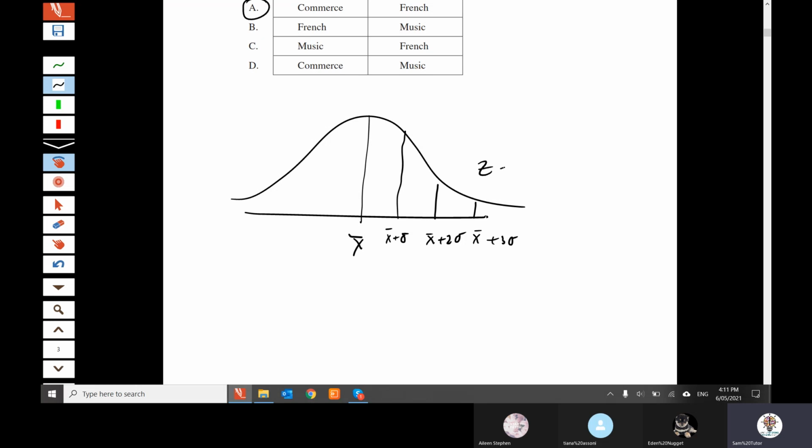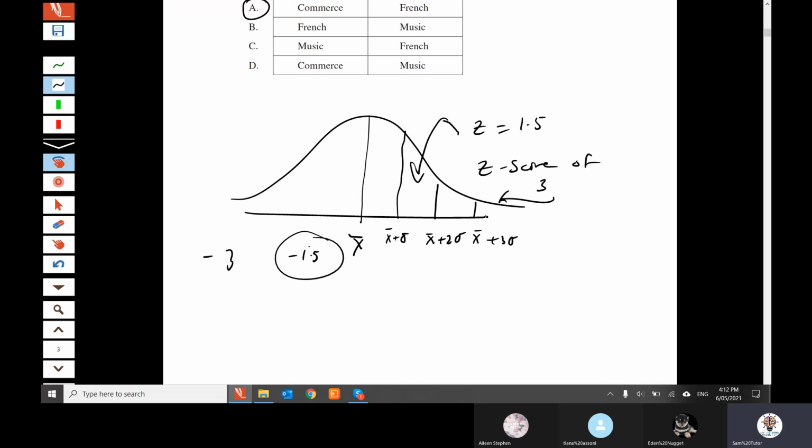So a Z score of 3, meaning you're all the way here, whereas a Z score equal to 1.5, you're somewhere in here. So that's why, obviously, if it was -3 or -1.5, obviously the -1.5 is better. -3 means you're even worse than the -1.5.